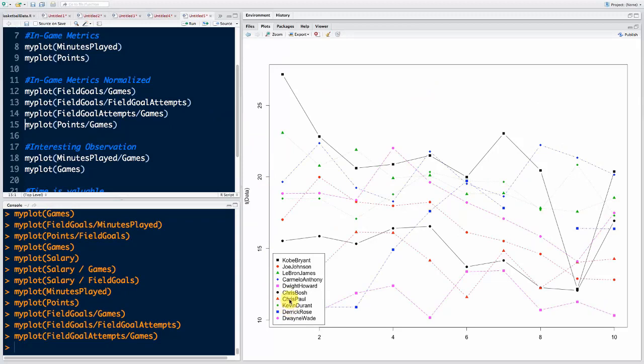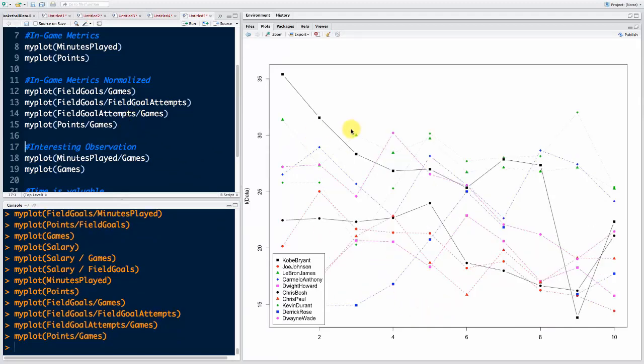Here we see that Dwight Howard is actually at the very bottom, right? So he was at the top for conversion of successful attempts. Now he's at the bottom for the actual number of attempts per game. And therefore, it makes sense that he doesn't actually score that many points per game, even though his accuracy is quite high. Because he makes few attempts, he doesn't score that many points.